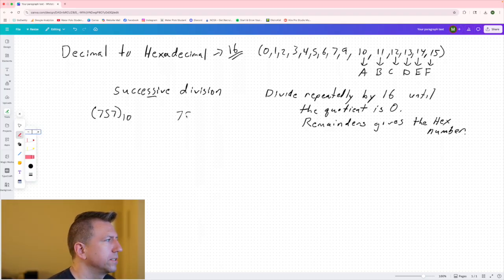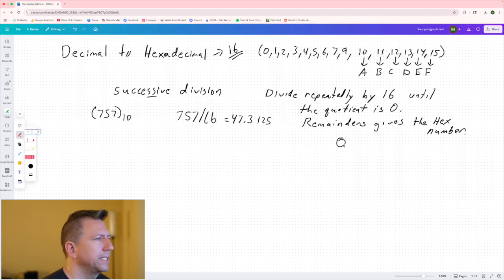So 757 divided by 16. That's our first division. And what we get is 47.3125. Now we want to make a list of the remainders and keep track of the quotients. But this time we have a remainder that seems to be a decimal, so we have to convert that back into an integer.